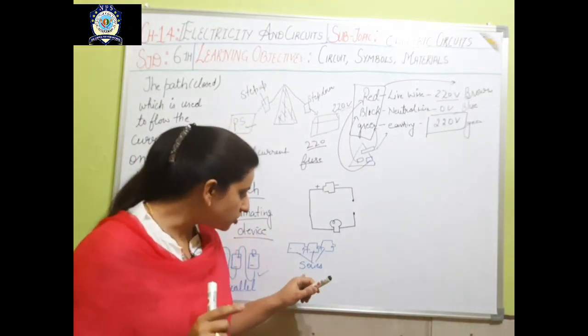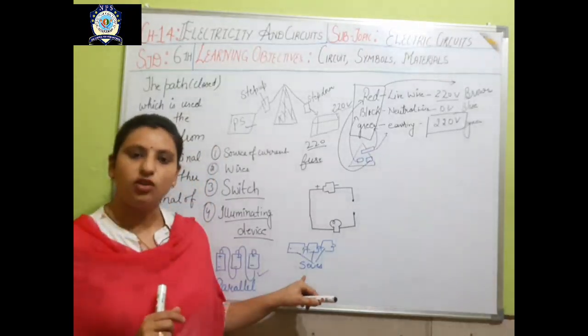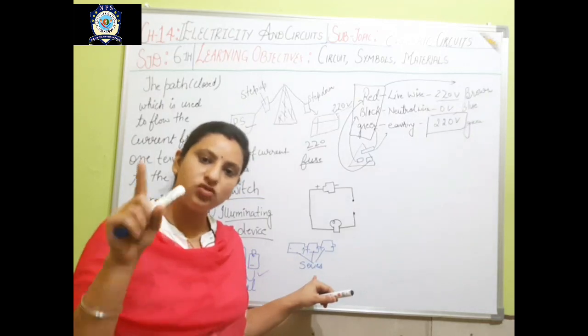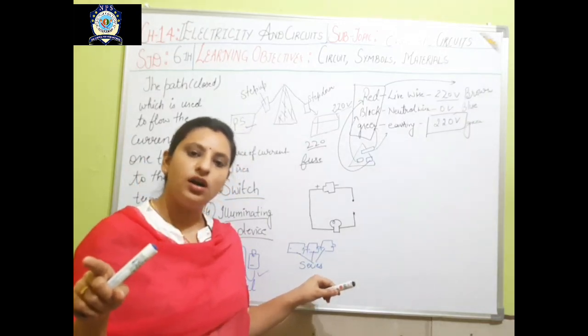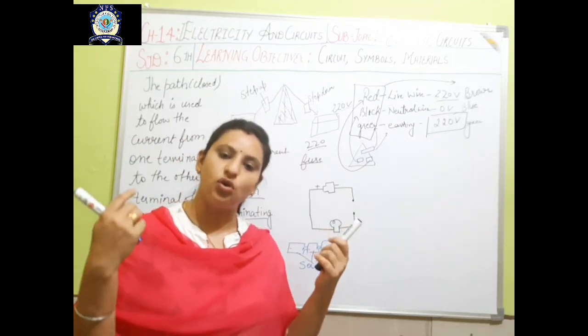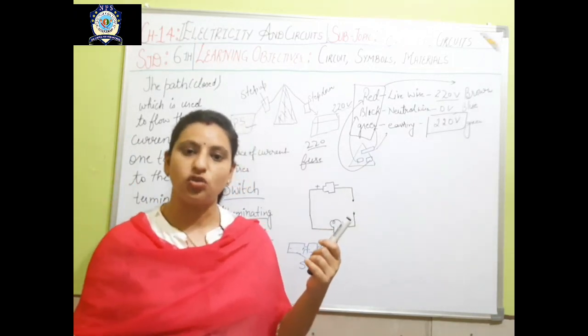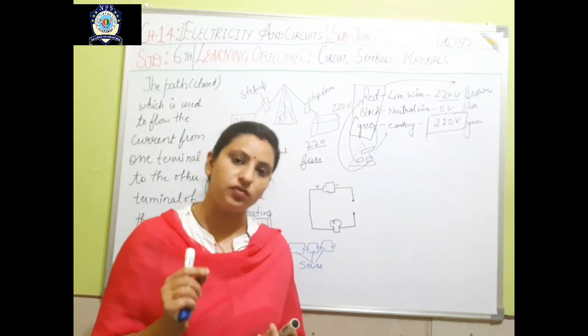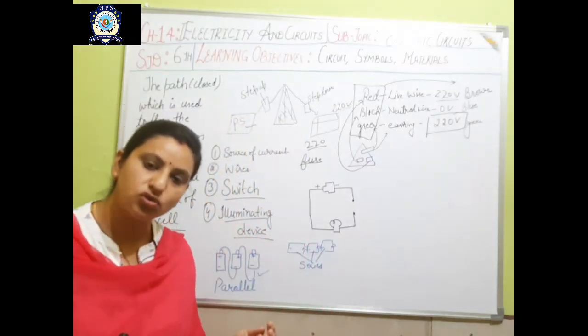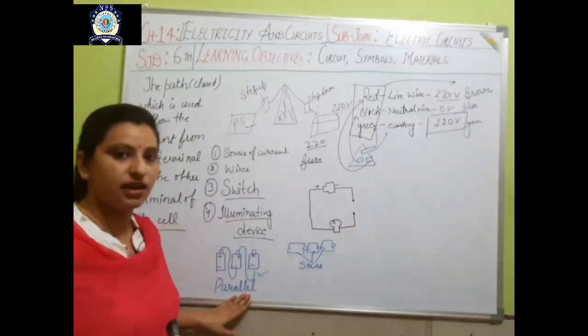If we go for series connection, then what will happen? When we switch on one switch, it will light up many appliances, like the bulb, fan, and other appliances, and this is very inconvenient use of the current. So that's why in our domestic households we go for parallel connections.